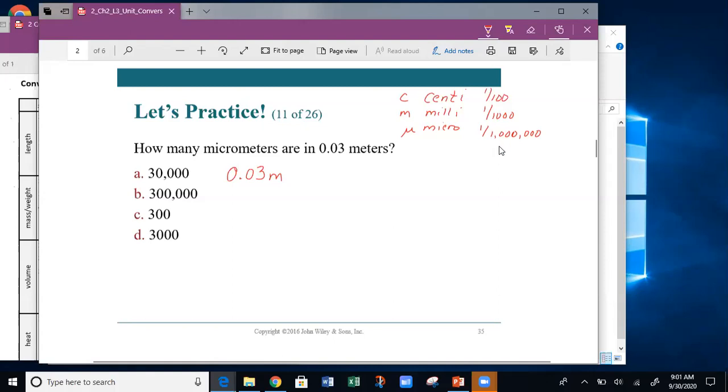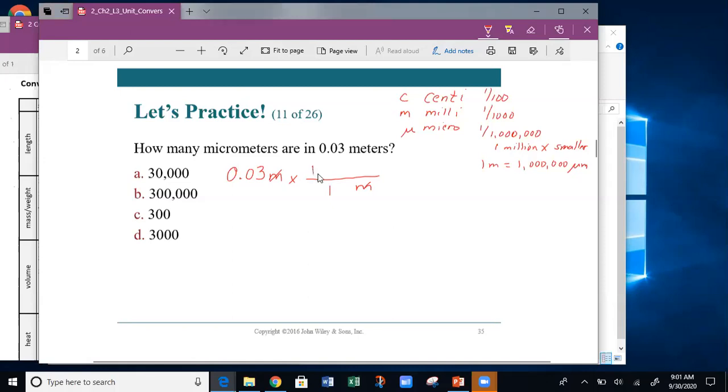So I know that a micrometer is 1,000,000 times smaller. Therefore, 1 meter is equivalent to 1,000,000 micrometers. I have to have meters on the bottom because I'm going for unit cancellation.